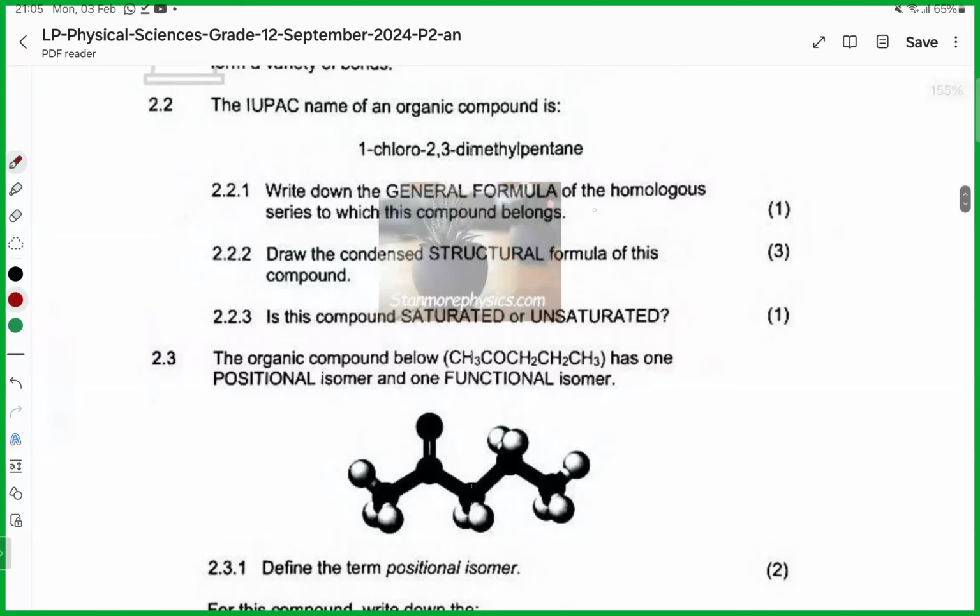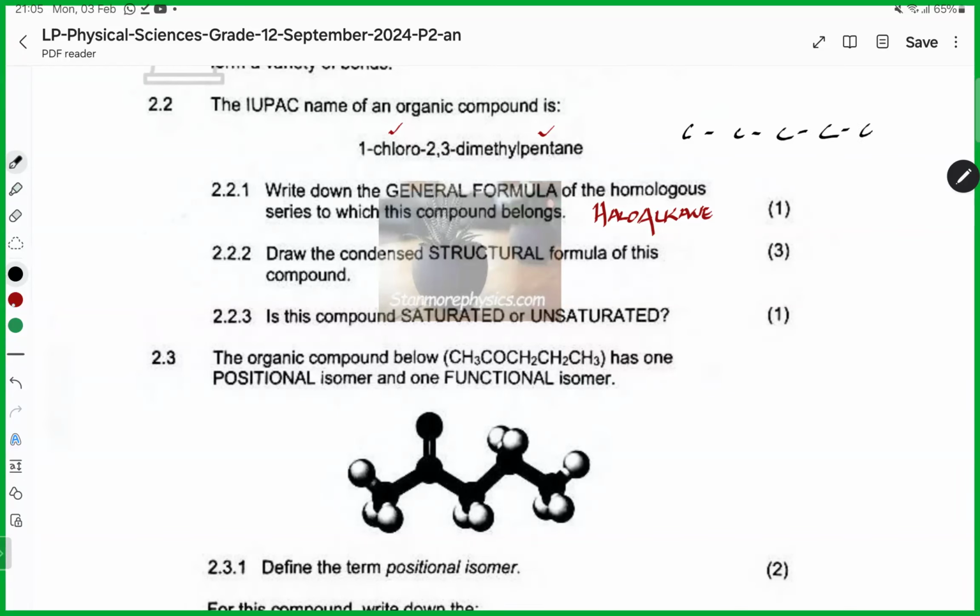The homologous series, that's a haloalkane, halogen and an alkane. And here's a hard question. It says draw the condensed structural formula for this compound. My suggestion would be for 2.2.2, because we all are beginners at condensed formulae, you rather draw the structure of this first. So I'm going to go for pentane first.